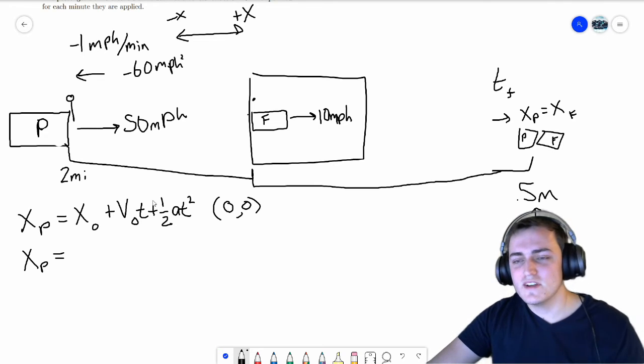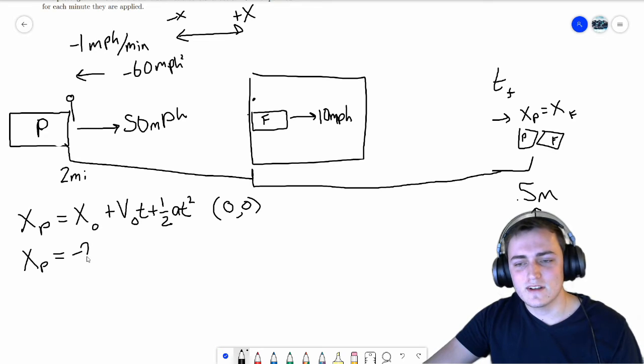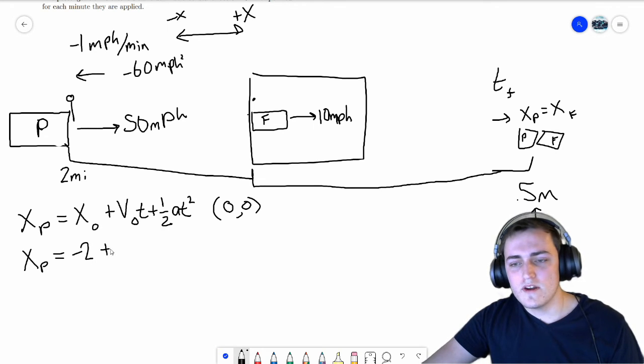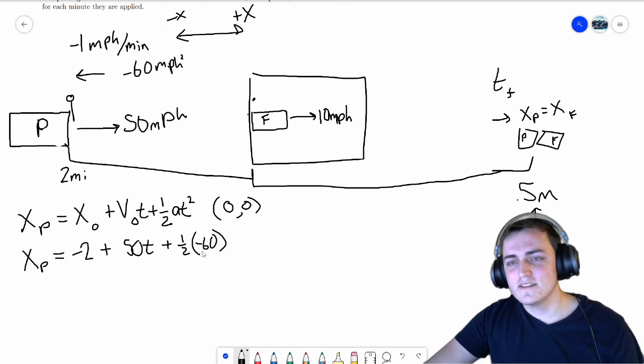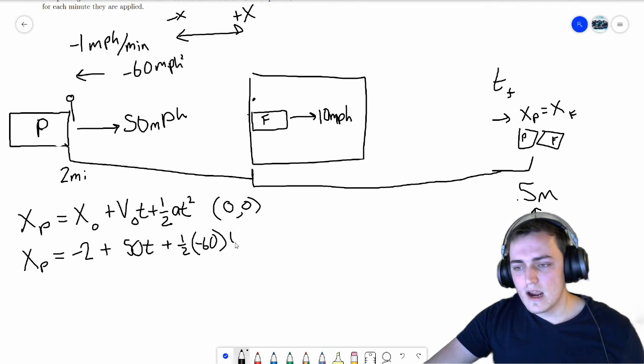If this is our origin 0, 0, it's -2 because it's to the left. The passenger train starts with an initial velocity of 50 times time, plus 1/2 acceleration, which we found to be -60 miles per hour squared. To make sure, you've got to use that -60, you can't use -1, multiplied by t squared.